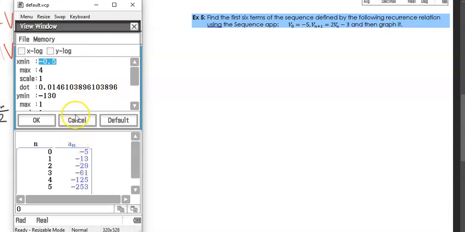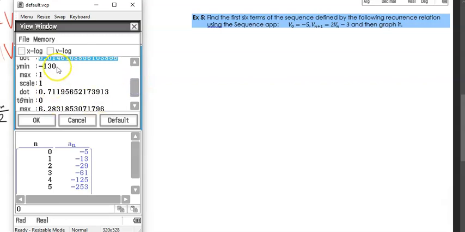So usually this starts with 0, but I always just go negative 0.5. I want it a little bit left of the screen. And then our maximum value really depends on how many terms you've got here. So I want to see the sequence maybe for the first 5 terms, so I'll put 5. Scale, always leave as 1. And don't worry about the dot, I'm not too sure what that is.